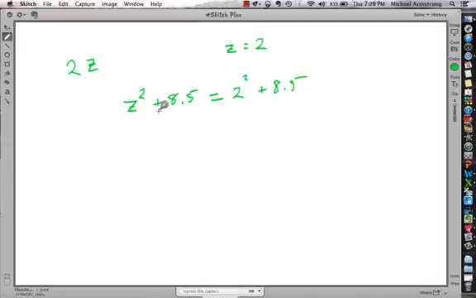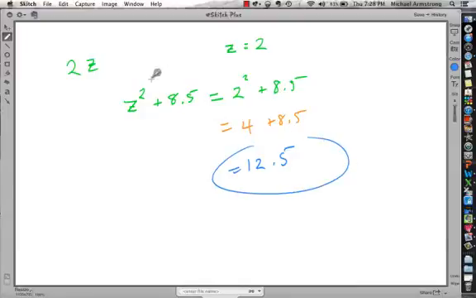Okay, 2 to the second power, 2 squared is 4 plus 8.5. So our answer is 12.5. 4 plus 8 is 12. 4 plus 8.5 is 12.5. So that's two operations. We just have to remember what to do first.